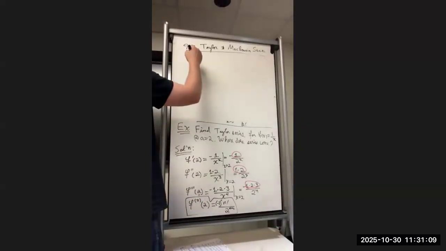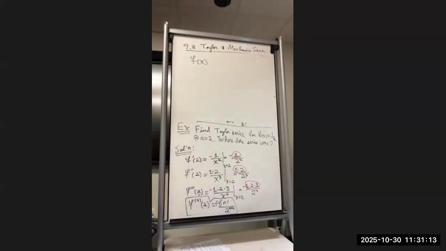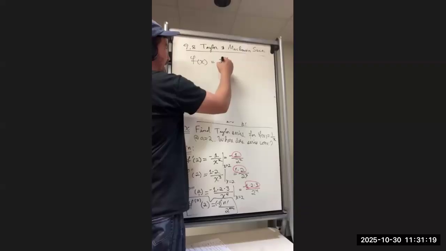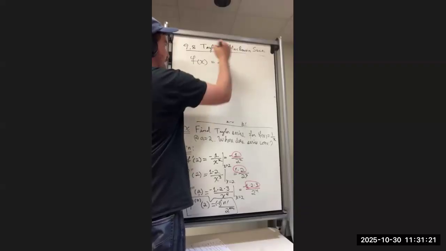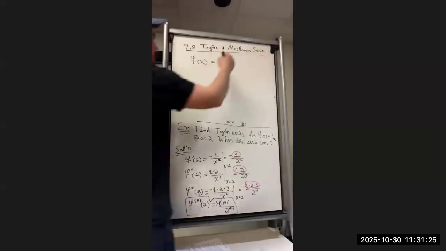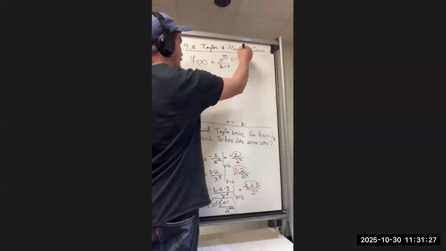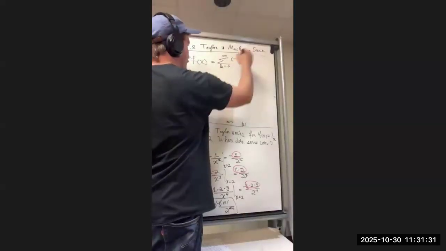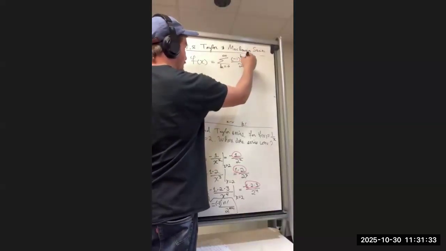So now, if I want to write down the Taylor series for our function, I'm going to use k's now. k is going to start from 0 and go to infinity. And the coefficients are going to be -1 to the k times k factorial all over 2 to the k.